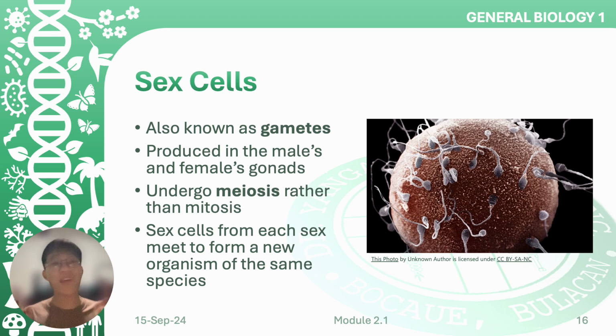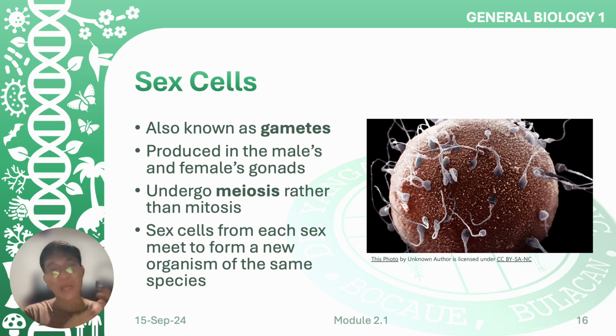And when they unite, the zygote will form. So sex cells from each sex need to meet so that they can form a new organism of the same species. That union is a process which we call fertilization, which results in a zygote. And as we recall from the earlier slides, the zygote is the first stem cell of human beings.